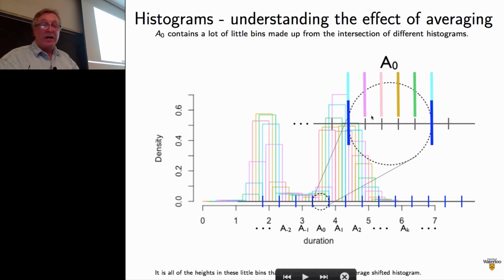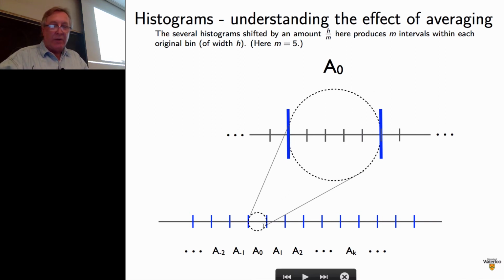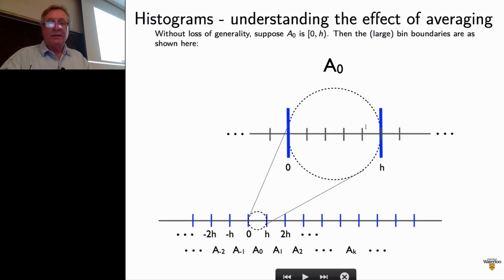Any one of our big bins divides up into 5 smaller bins, determined by how we shifted the histograms over. So we're going to think about m histograms in general, but in this example it's going to be m equals 5. So I'm taking any one of our bins here and dividing it up into m small bins by those different shifted histograms.